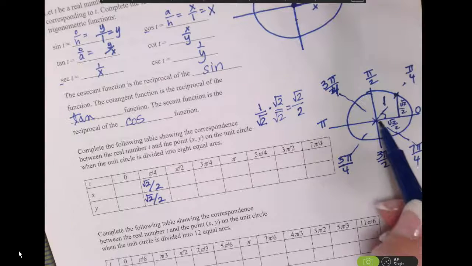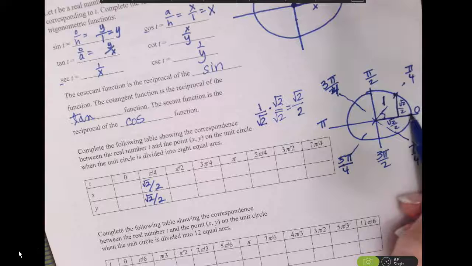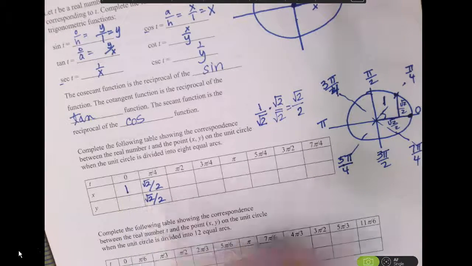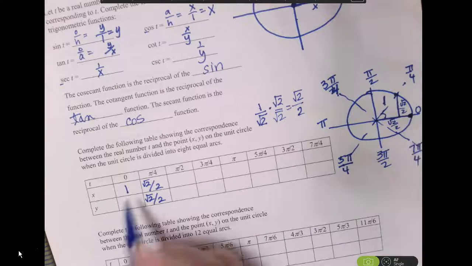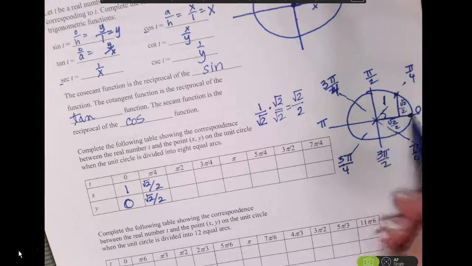And then if I go ahead and look at my x at 0, I'm 1 away from the comfy couch. I'm all the way over to the edge of the circle. And how big is my screen over there? It is non-existent. I have a nice far viewing area, but I have no screen height.